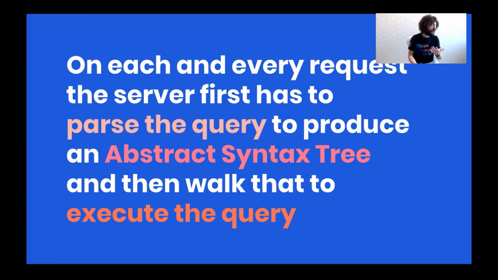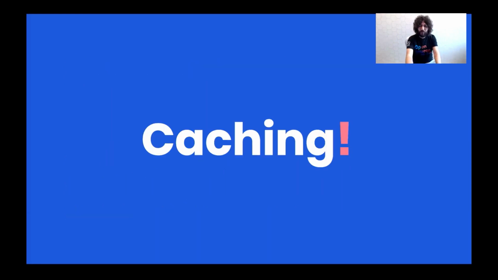In fact, we were thinking, well, how can we solve this problem? In most cases, most teams are building both the client and the server, right? And most of the queries tend to be the same over time. So because most of the queries tend to be the same, we can just cache the abstract syntax trees.